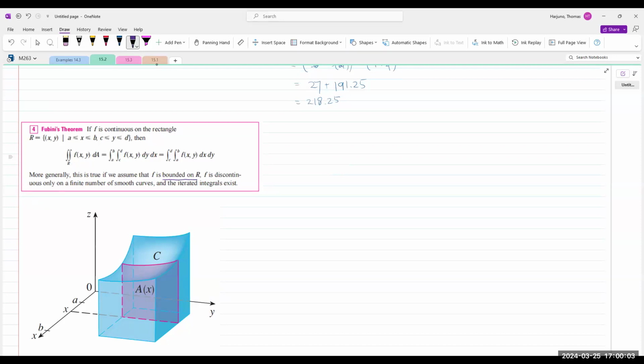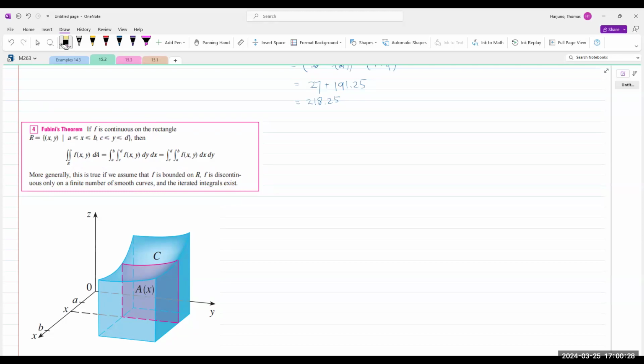on that rectangle, maybe discontinuous at some points or some curves, as long as the iterated integrals exist. If it satisfies these conditions, the ideal situation being a continuous function, then we can reverse the order of integration.